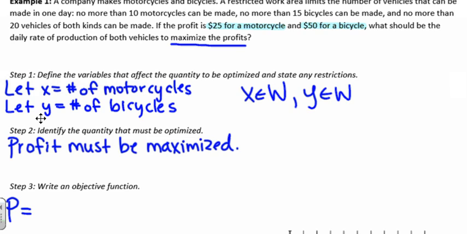When we defined our variables, we said X will be the motorcycles and Y is the bicycles, so I'll have 25X, plus $50 per bike, so 50Y. So my profit, P, equals $25 times the number of motorcycles that I make, plus $50 times the number of bicycles that we make.